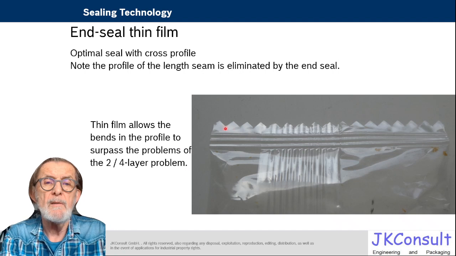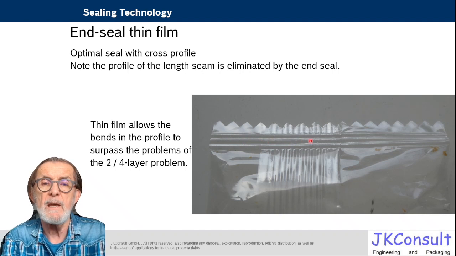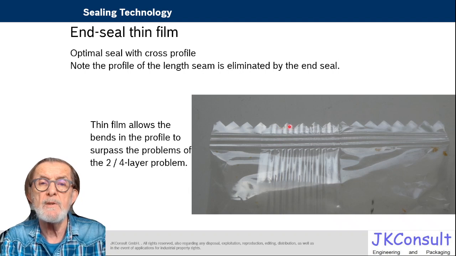The cross seal serves to keep the product in place and to keep the atmosphere in the pack. Here you can see that the profile that was made by the fin seal discs is completely eliminated and is replaced by the cross seal. So the material that has been sealed here can be modified again.